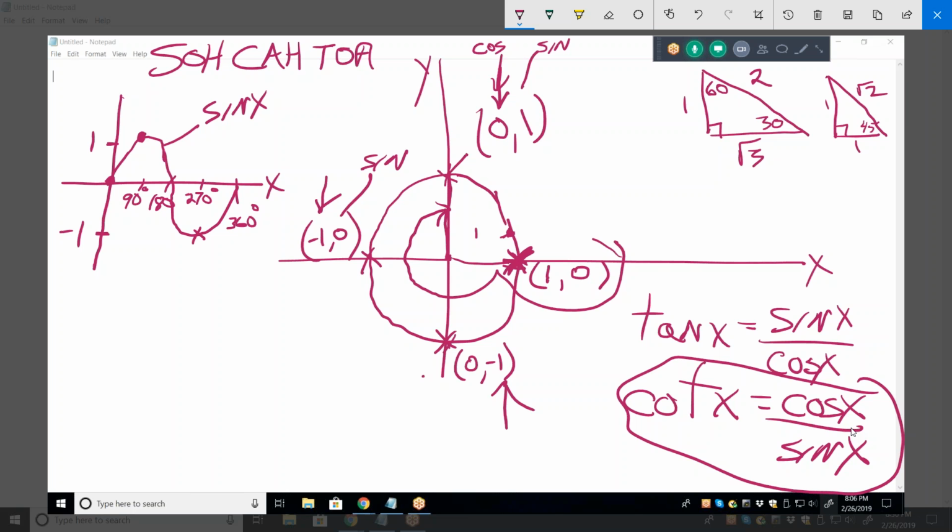And this curve continues on. I only drew one period of the sine curve. It actually goes on forever in this direction, and it goes on forever in this direction, just repeating. But notice that if we use this method, we don't have to use the unit circle method.